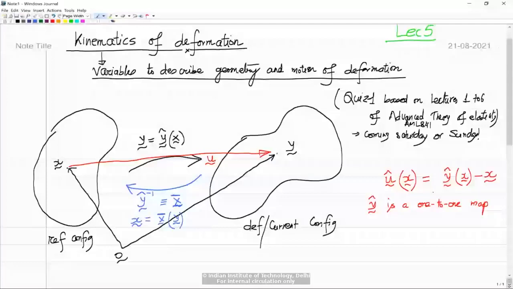This also implies that, for example, I can write that this inverse function, if you pass to it this particular argument, can you guess what you will get?